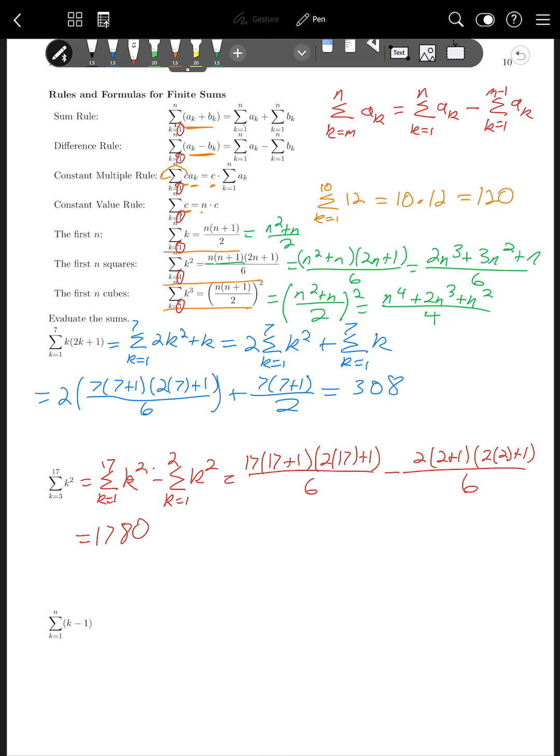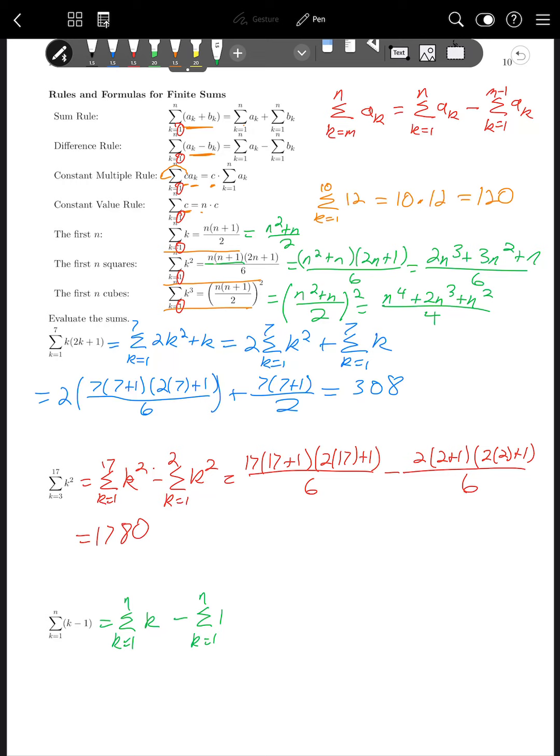Okay, and then the last one here is about, well, what can we do with n? What if we wanted to write this without knowing what our endpoint of our sum would be? Well, we can use all the same rules again. So we're going to rewrite this first using the difference rule. So that's the sum from k equals 1 to n of k minus the sum from k equals 1 to n of 1. And now we can use the rules at the top.